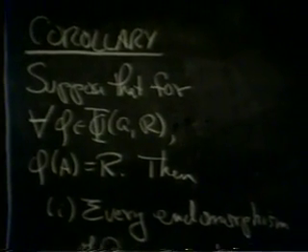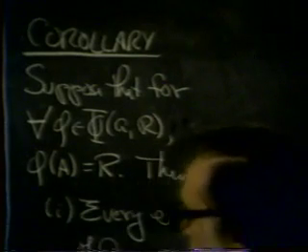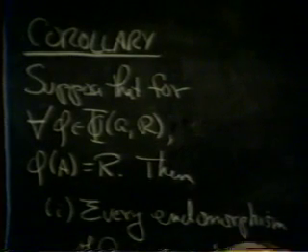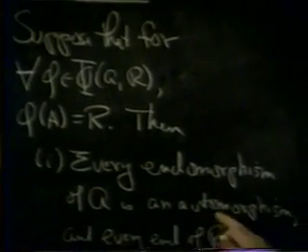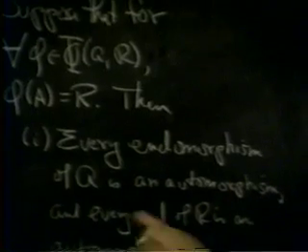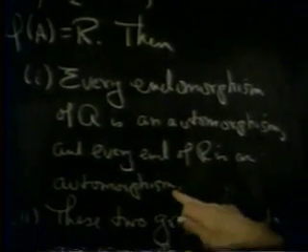If that is the case, then under the assumptions of this theorem except for the compatibility requirement, every endomorphism in the qualitative space is in fact an automorphism, and every endomorphism in the representation space is an automorphism there. Secondly, those two groups of automorphisms are isomorphic. And third, and the most important aspect, R is in fact compatible with A under that assumption.